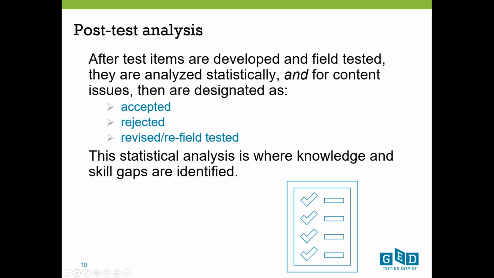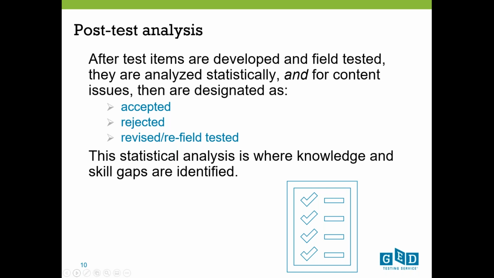Thank you. This test was also from last session, where after we developed items and after we did test construction, we field test the items where they're embedded in the operational test. So test takers actually answer those items.